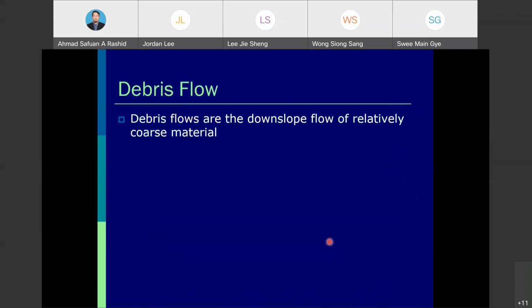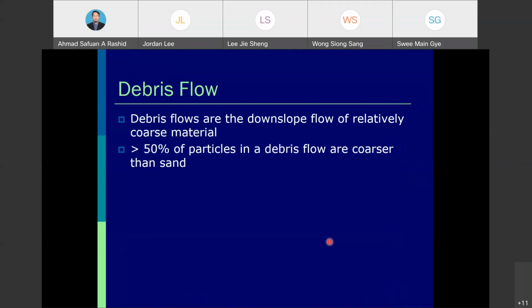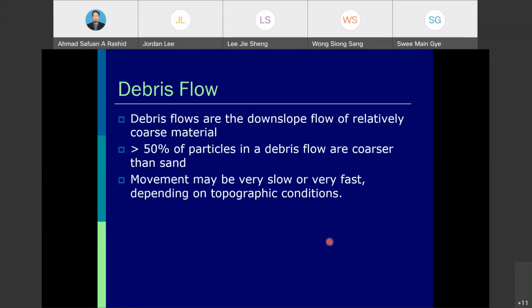So debris flows are the downslope flow of relatively coarse material, where 50% of the particles in a debris flow are coarser than sand. Movement may be very slow or very fast depending on the topography. For example, in a hilly area, it is very fast.